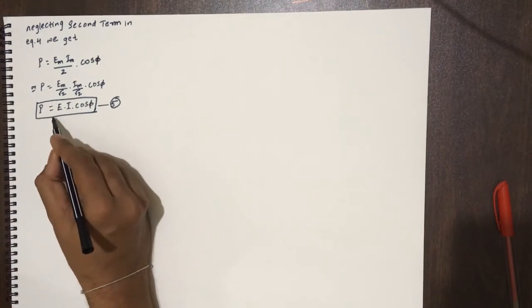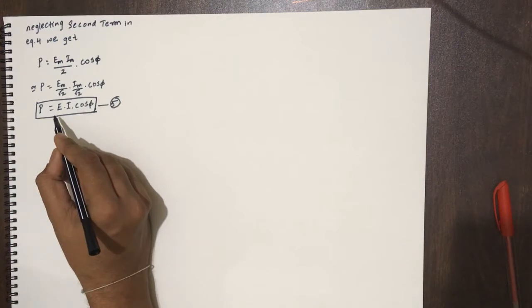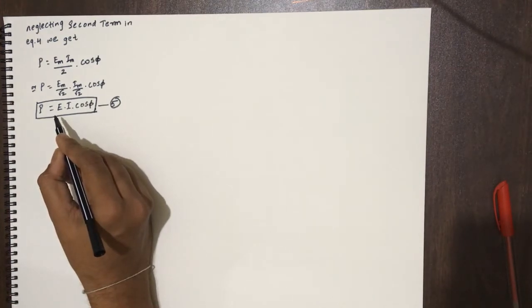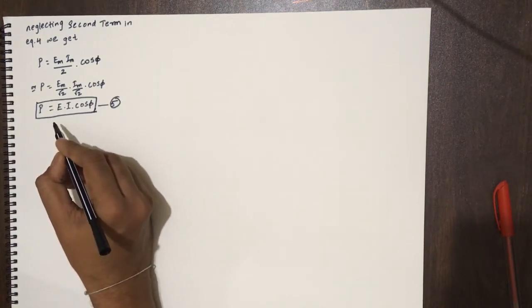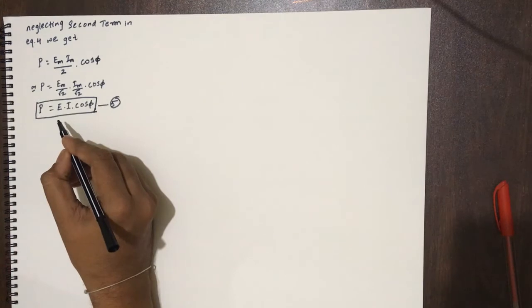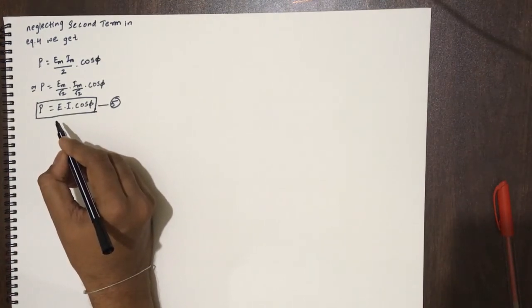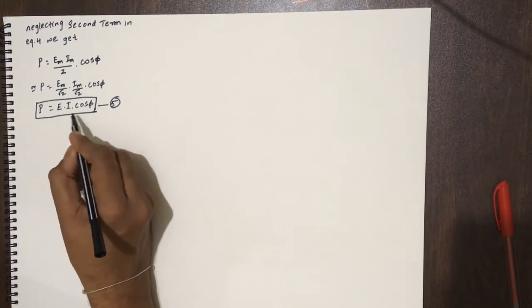And if the RL circuit had L equal to 0, it would have become a pure resistive circuit, and the power consumed would have been P equal to E into I. But now, because of the presence of both resistance and inductance in the circuit, the power consumed came out to be P equal to EI cos phi.